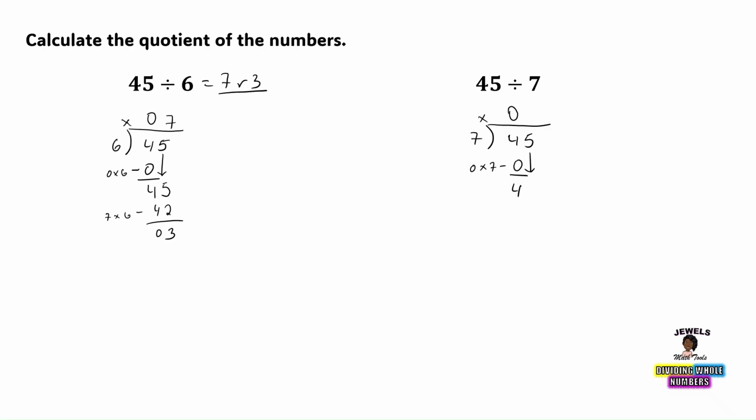I'm going to bring down my 5, changing 4 into 45. 7 will divide into 45 6 times. When 6 is multiplied by 7, we get the product of 42. When 45 subtracts 42, we get the difference of 3. So our quotient for 45 divided by 7 is equal to 6, remainder 3.